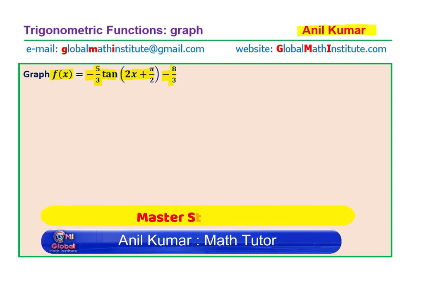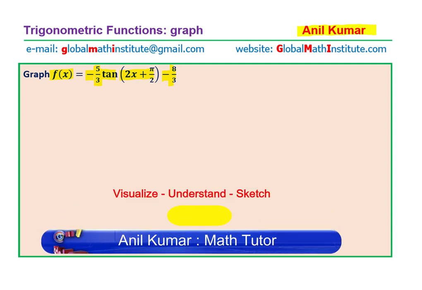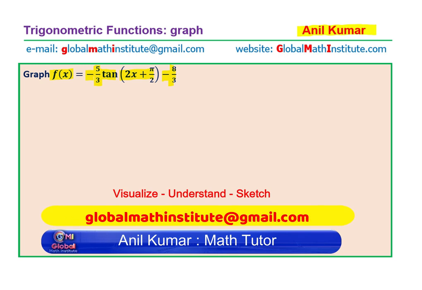Now, if you understand this particular graph, you will be able to sketch almost every tangent related graph. We'll begin from the very basics, go step by step. I'll show you how we sketch this graph with the points and without the points.